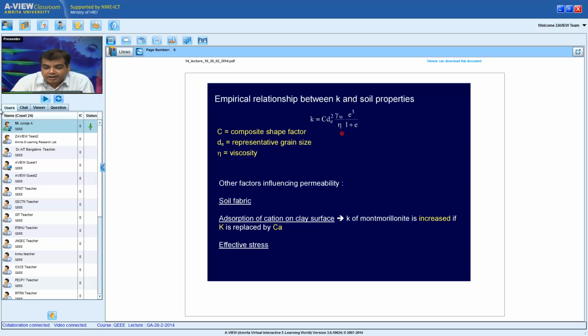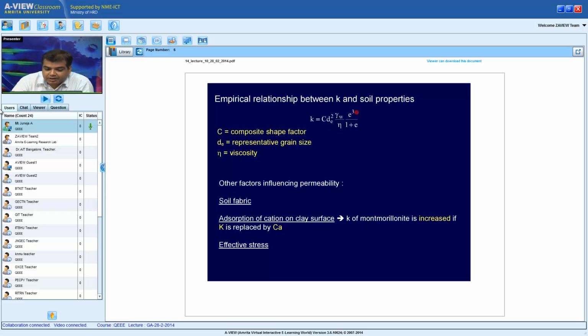There are expressions which exist in literature. So rather than measuring the permeability directly, there are empirical expressions. And mind you, when you use empirical, it means whoever was the researcher, the student, he or she derived this expression based on his or her data. So it's not a safe idea to blindly follow this, but it is good to understand that soil permeability, or the coefficient of hydraulic conductivity, which is K, has some proportionality.